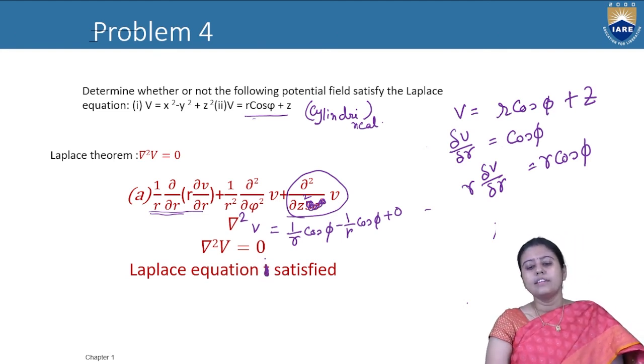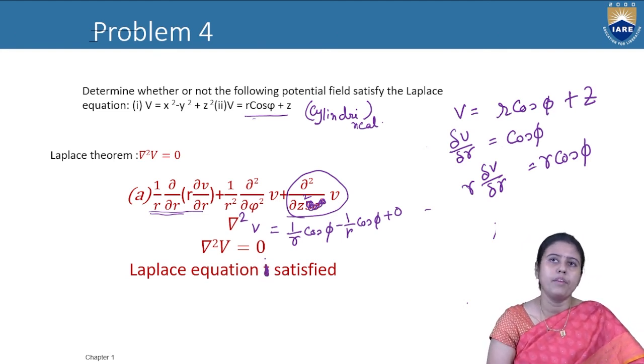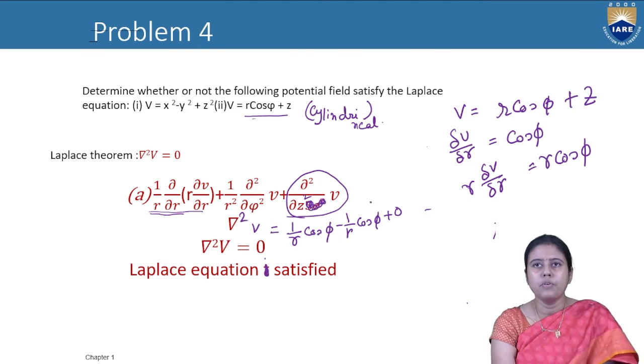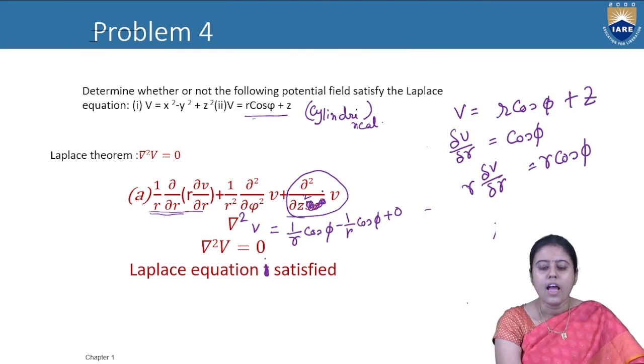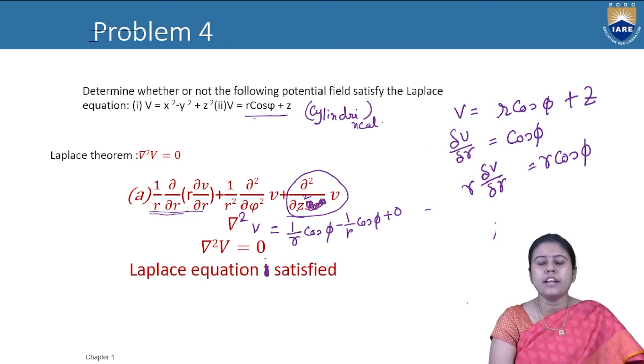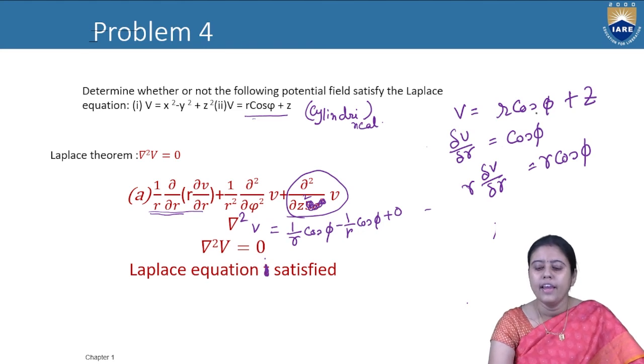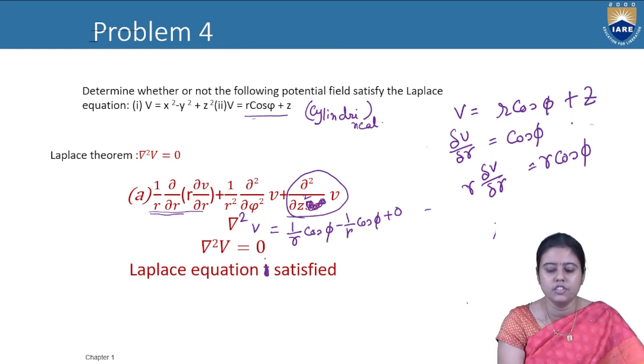So this is one important problem. What are the steps? First we will start with the last one, r cos phi plus z. What is the double differentiation of r cos phi plus z? R cos phi doesn't have any z term, so del by del z is equal to 1, and the second differentiation is 0.